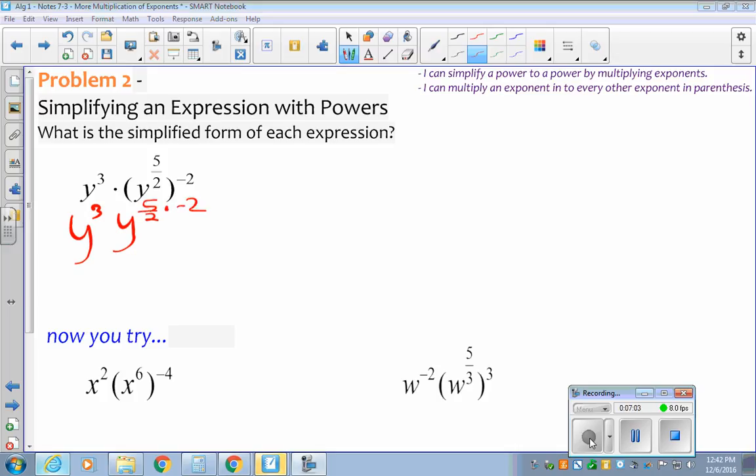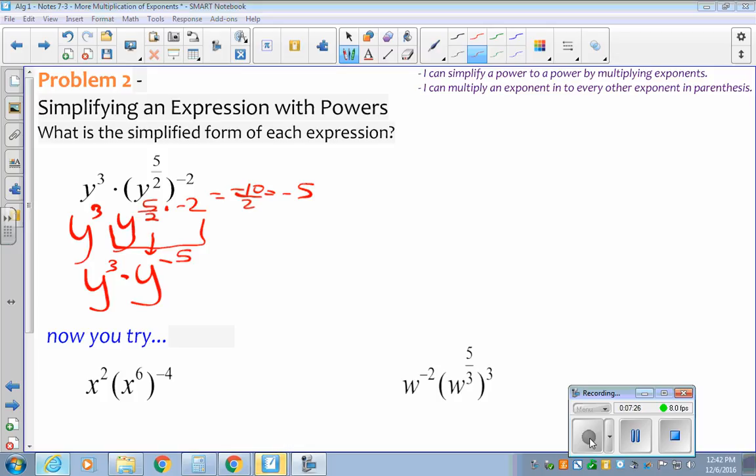That goes first, the exponents go first. So we're just going to rewrite the y cubed. And 5/2 times -2 is -10/2, or -5. So this is y to the -5.